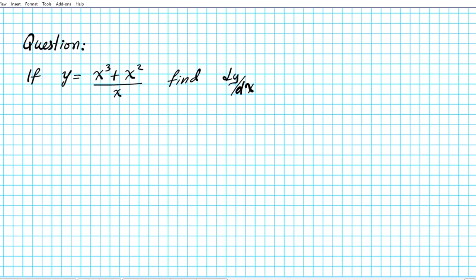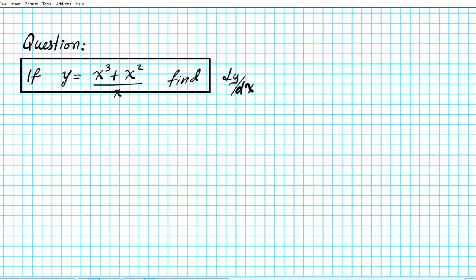Let's go ahead and take a look at an example. The first question that we're going to do: let's say y equals x to the third plus x squared, divided by x. Find dy dx, the derivative of y with respect to x.